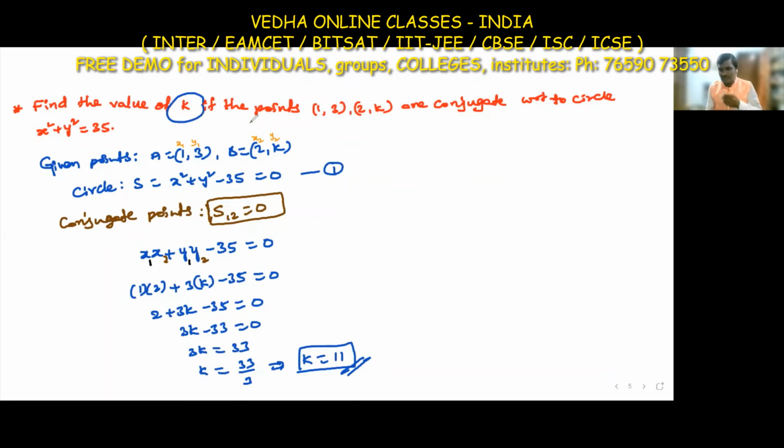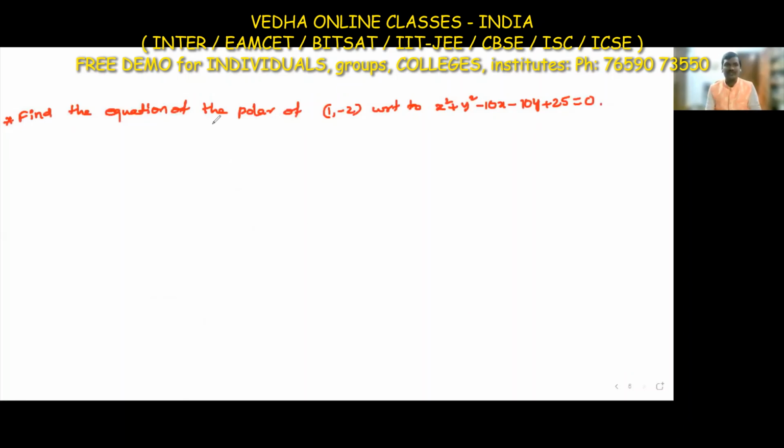Now if we go to the next question: find the equation of the polar of (1, -2) with respect to the circle x square plus y square minus 10x minus 10y plus 25 equals 0. In this question also, what is given? One point is given.